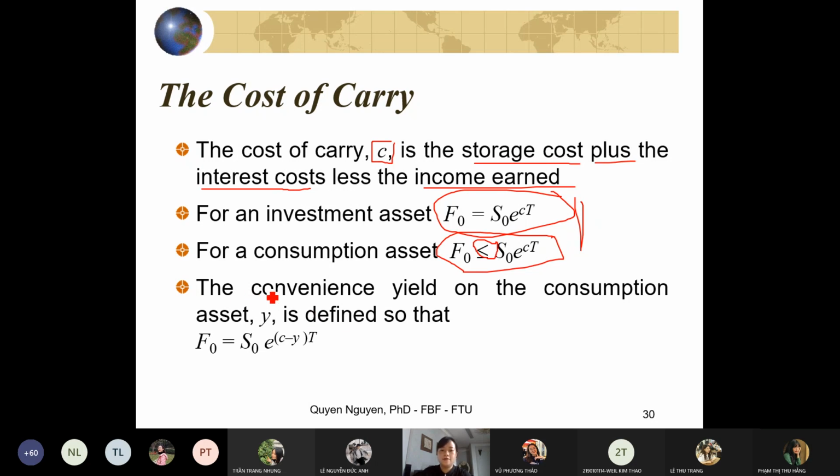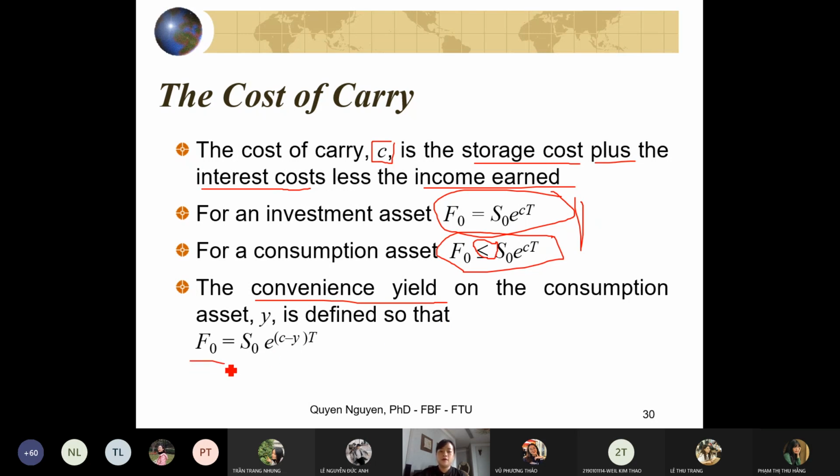We also have the definition of what is called the convenience yield on the consumption asset. Convenience yield would be defined as the yield at which, if you compare between having the asset itself and not having the asset itself. So when it incurs the convenience yield, you have to take it into account and put it into the formula so that you will be able to value the price of the forward in a precise way.